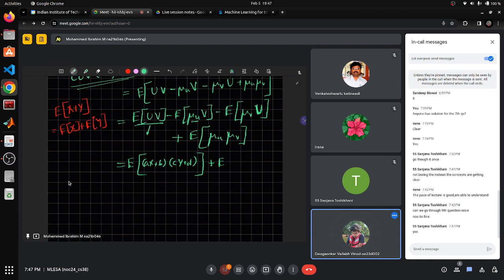It's just a constant. When you were looking at expectation of ax, that was actually just a times expectation of x. So this scenario is also similar. You essentially end up having mu u times expectation of v. Mu u is that constant times expectation of v.